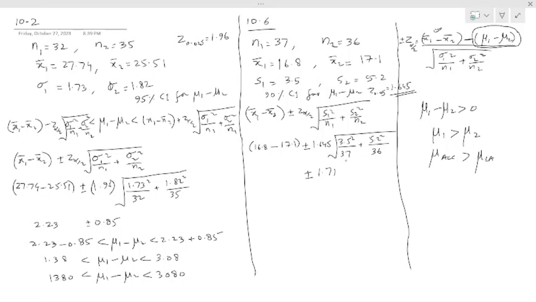We can write it down as 16.8 take away 17.1 gives us the answer of minus 0.3.